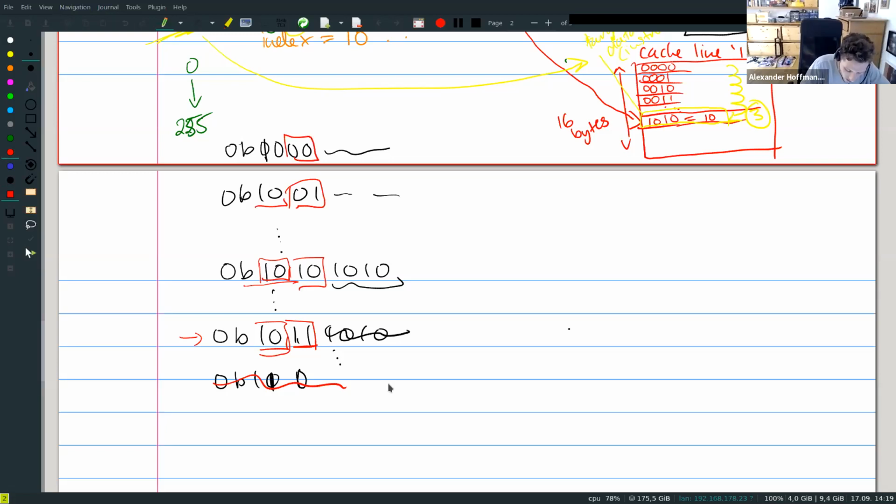We have these sets of addresses, and there's only going to be one unique set for this memory block in this cache line. And so we can use the tag to compare, is this the correct block?